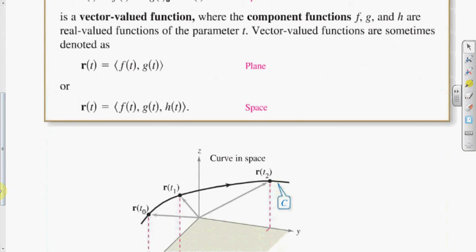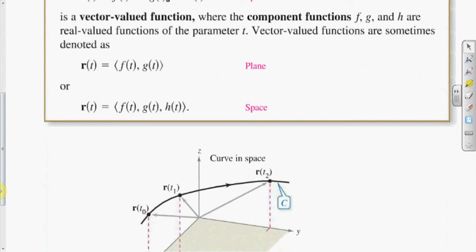You can write the vector notation. If you wanted to use i and j or k, you can use that, or you can use this notation, and this notation is said to represent the vector notation.